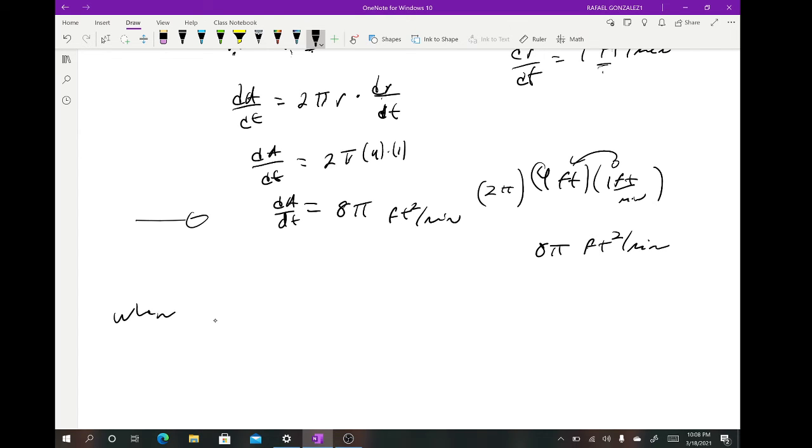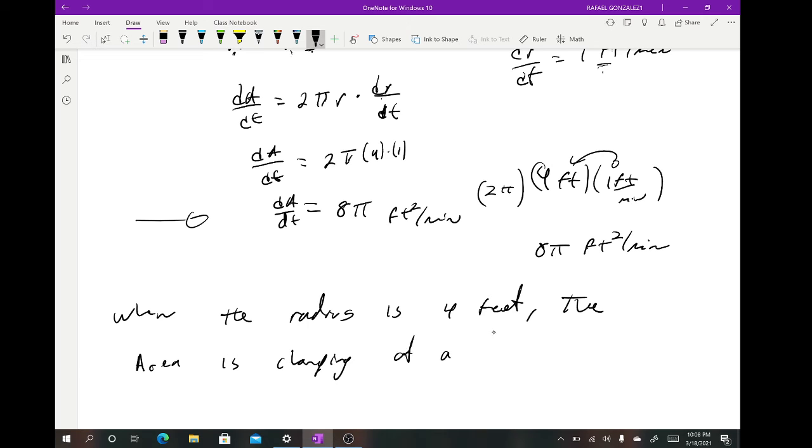So what this means is that when the radius is 4 feet, the area is changing at a rate of 8 pi square feet per second.